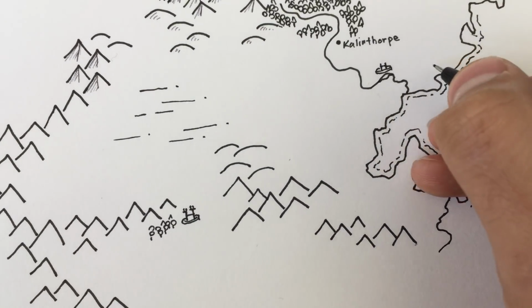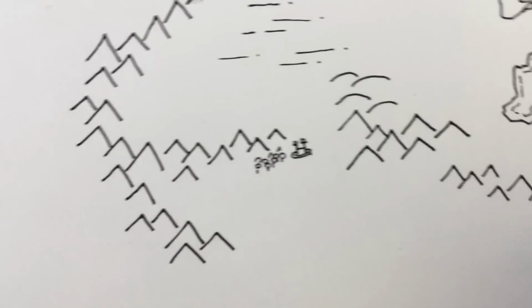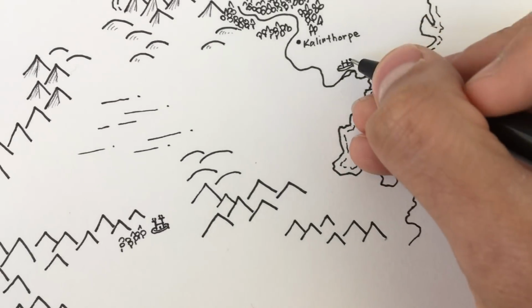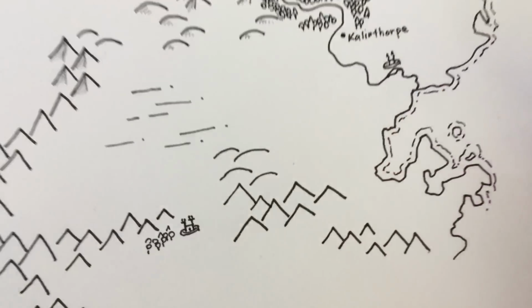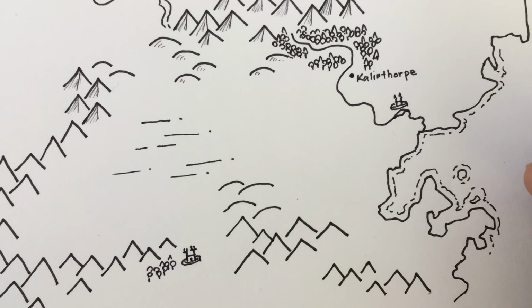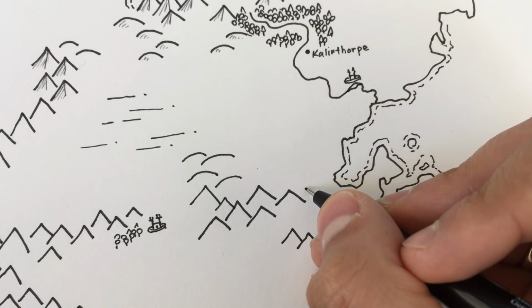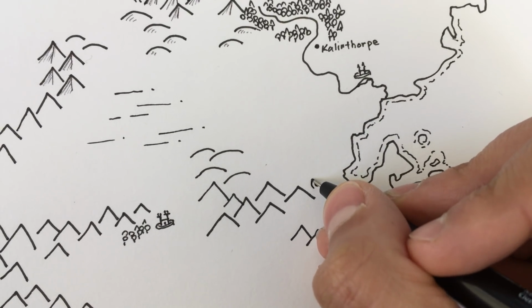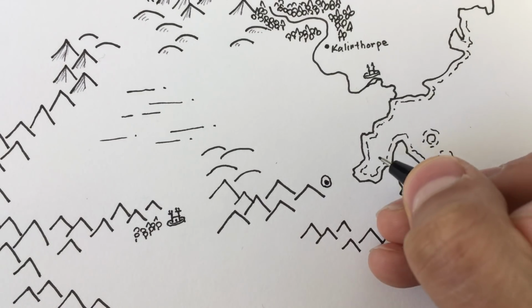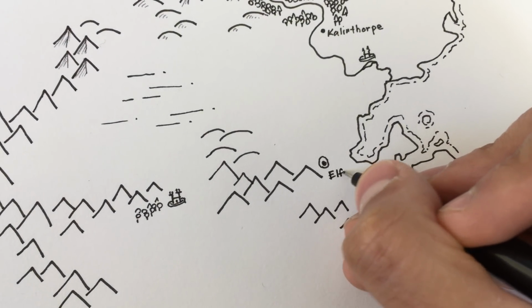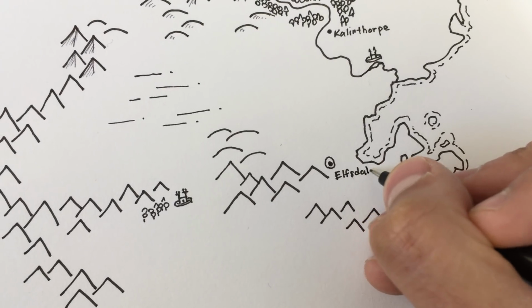So basically, to do that, let's do one more walled city. So that's the castle. I'm going to add a little door there. It kind of distinguishes it as a castle. And I guess you could also distinguish bigger cities with a circle around it. And this is Elfsdale.